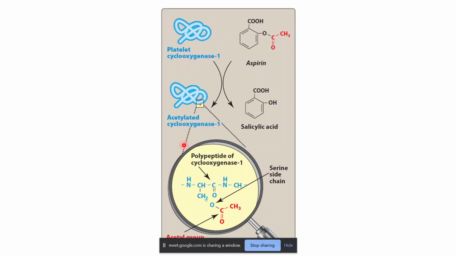Because platelets don't have a nucleus, they will not synthesize thromboxane A2 anymore. To synthesize new thromboxane A2, the body has to synthesize new platelets. The half-life of the platelets is about 2 weeks, so the action of aspirin will last for about 2 weeks.